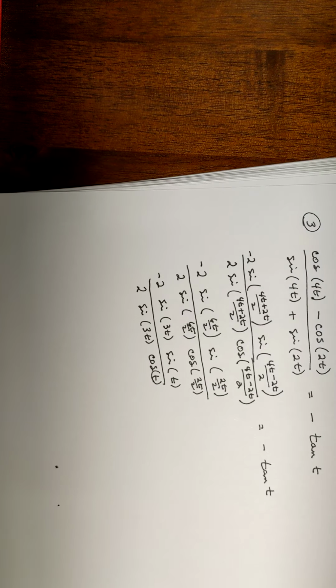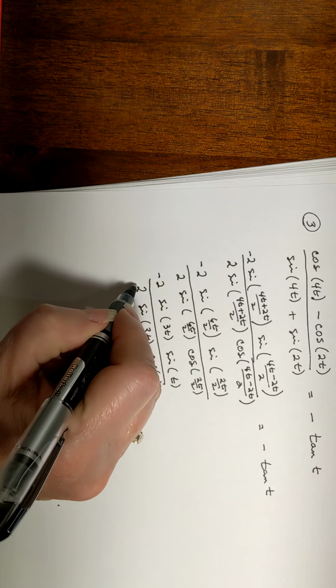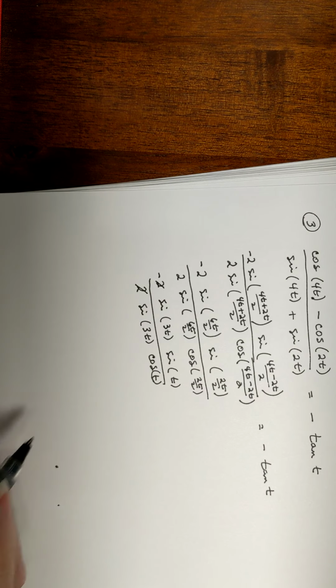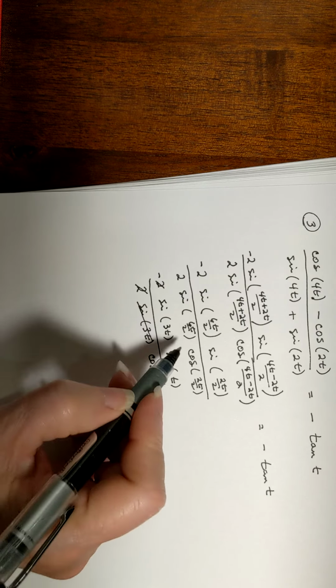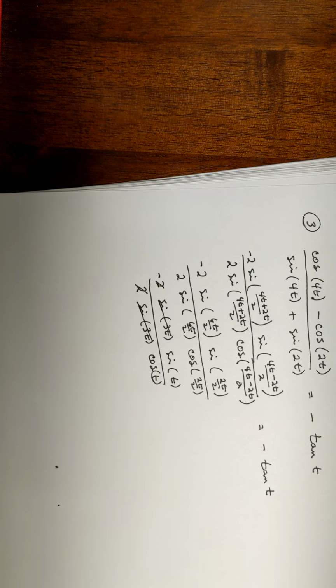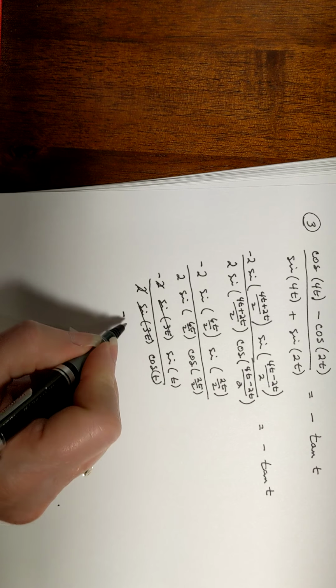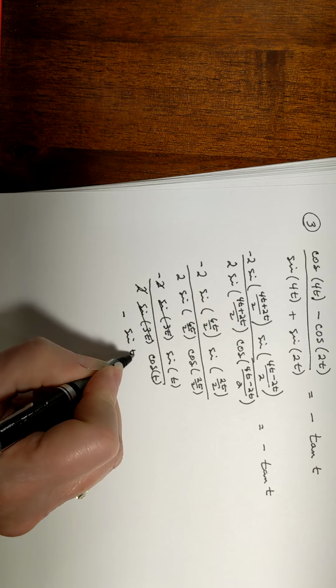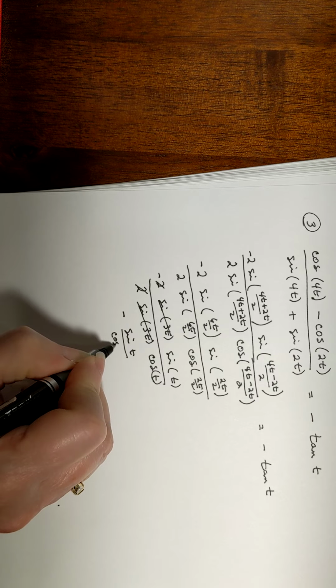So now let's see what we can cancel. Notice I can cancel my 2's, and then I also have the sine of 3t and the sine of 3t that will cancel. So now I'm left with negative sine of t over cosine of t.